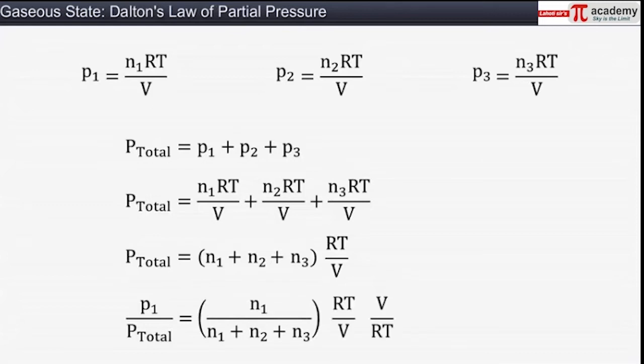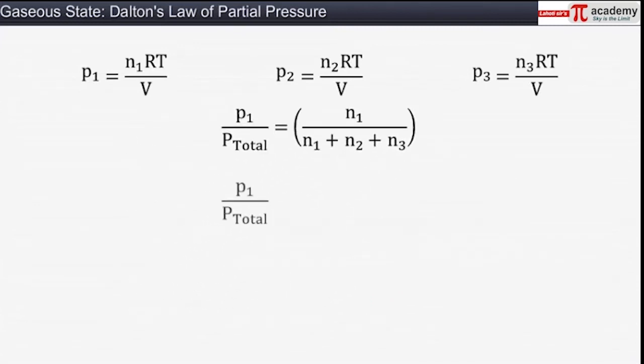Here, RT and V get cancelled. Therefore, P1 by P total is equal to n1 divided by n, where n is equal to n1 plus n2 plus n3, or total number of moles.